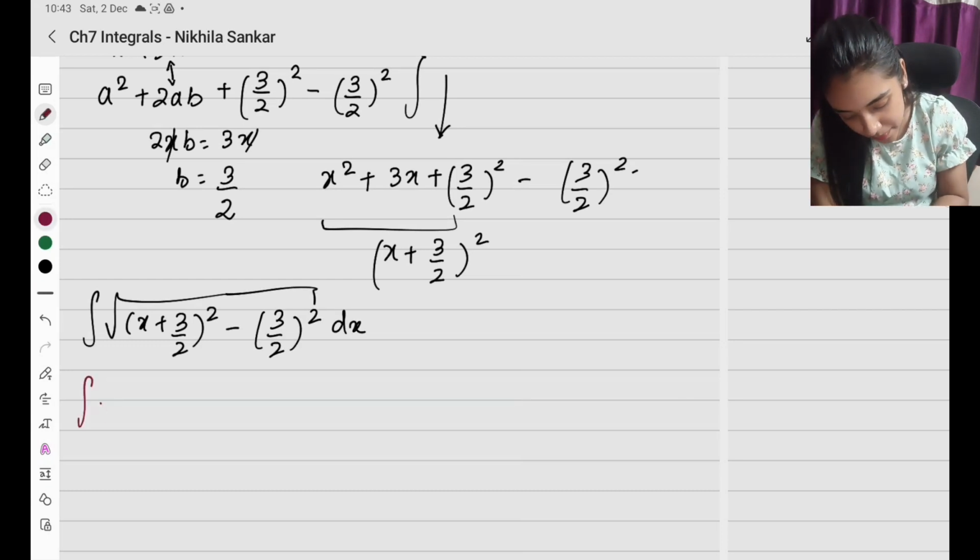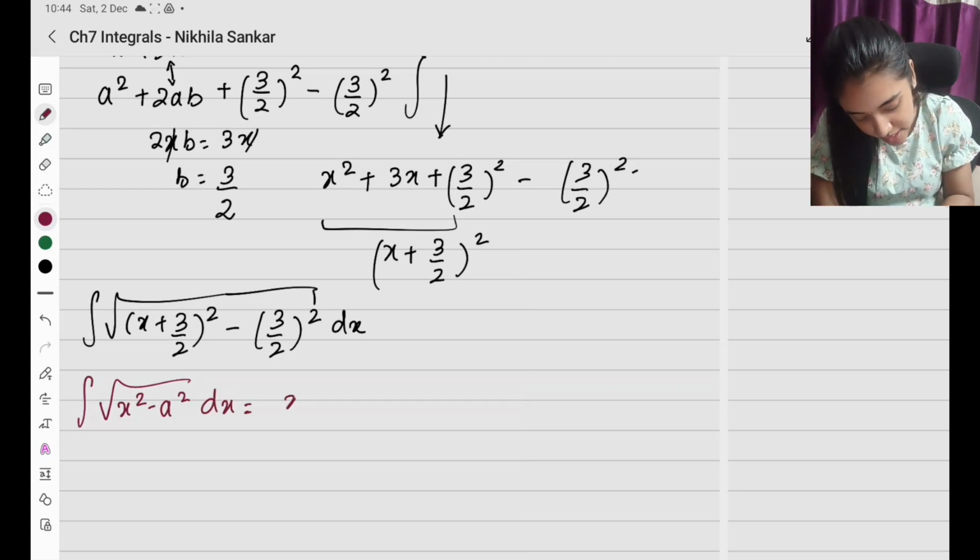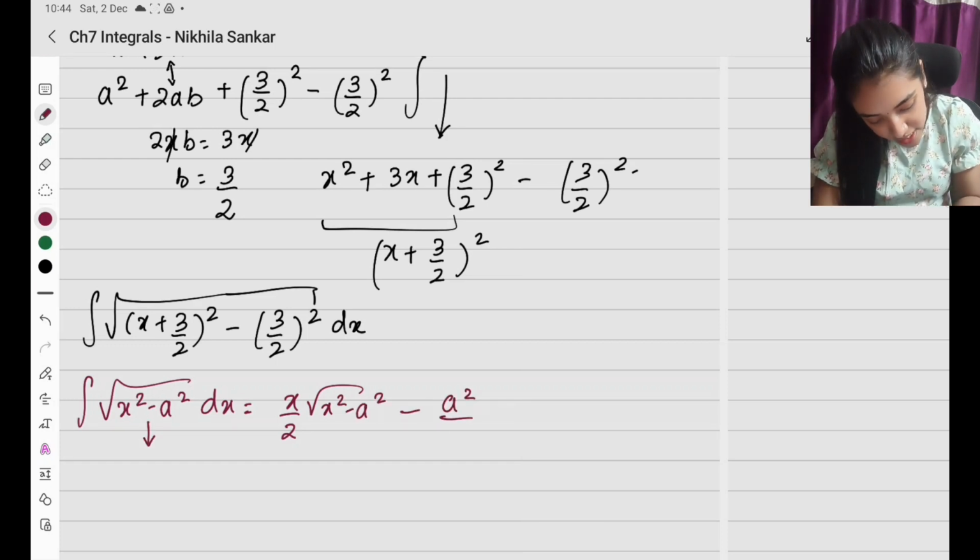So what is the formula? Integral of square root of x square minus a square dx is first x by 2 square root of x square minus a square minus, this is the only place you have a minus, a square by 2 log mod x plus square root of x square minus a square plus c.